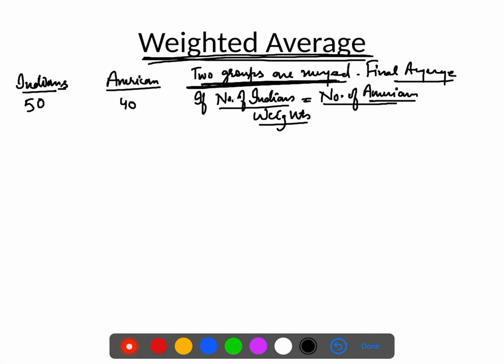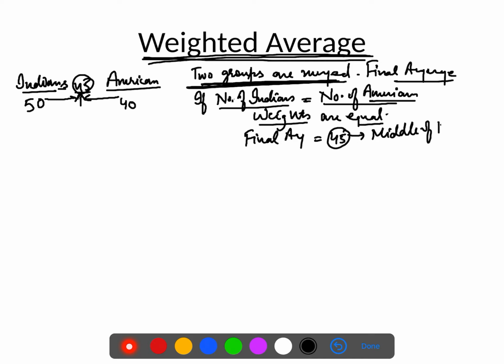So if the weights are equal on both sides, it's like a weighing pan. If we have the same weight on both the pans, the needle will be exactly in the middle, which is the midpoint of 50 and 40, that is 45. So the final average will be 45, the middle of the two.